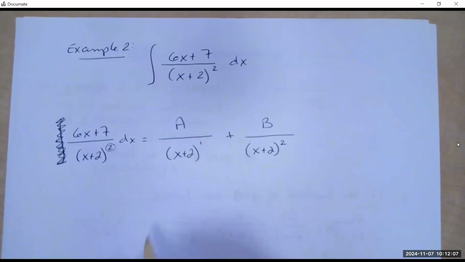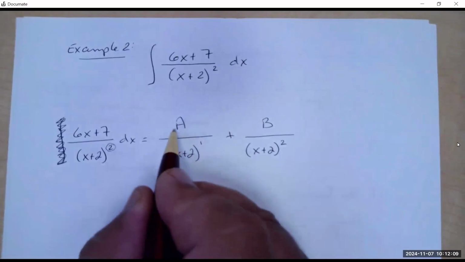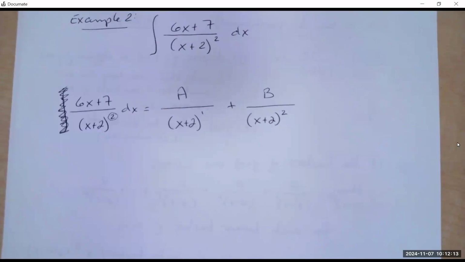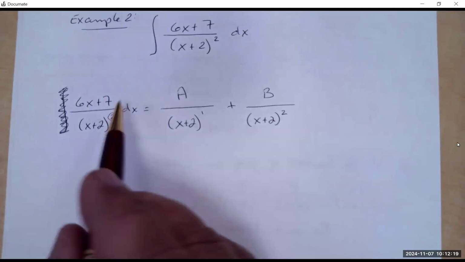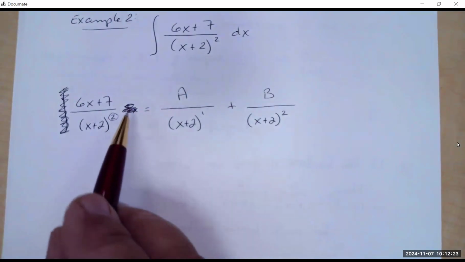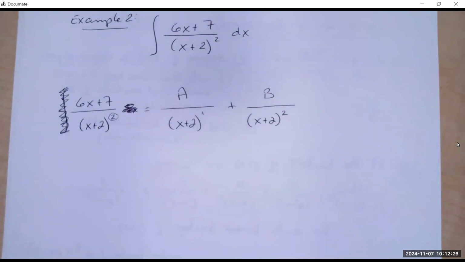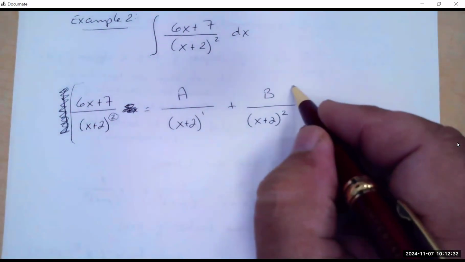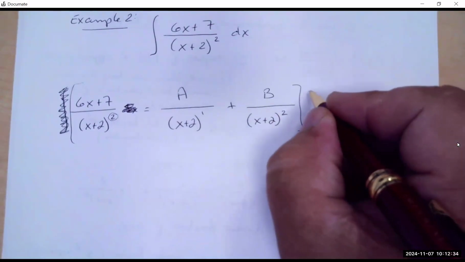So what we have to do now is figure out what A and B are. How do we do that? We have a fraction. I need a dx there. We have fractions and we have an equal sign. What do we do to get rid of the fractions here? Multiply everybody by the LCD.